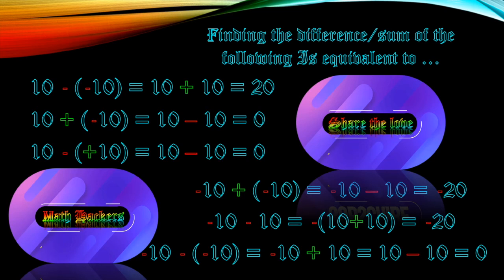Negative 10 minus positive 10 is the same as negative 10 minus 10, which is negative 20. Minus 10 minus minus 10 is the same as minus 10 plus 10, which is the same as 10 minus 10, which is 0.